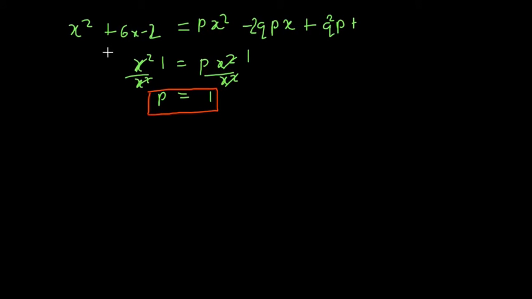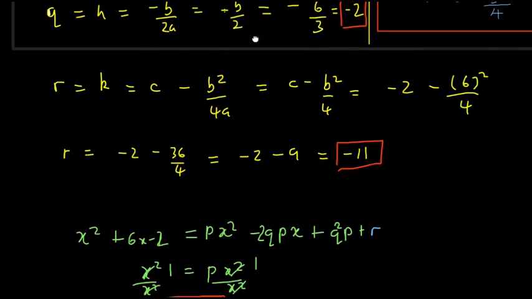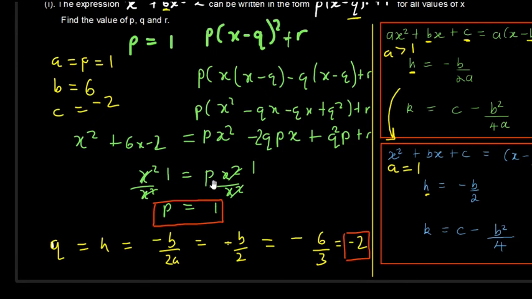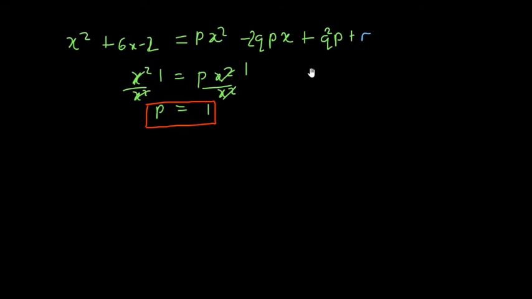Since we are comparing the coefficients, for example, terms of x, we determine the value of p, and now we want to determine the value of q and r. I think this was plus r. Yeah, plus r. So now we have 6x is equal to minus 2pqx.